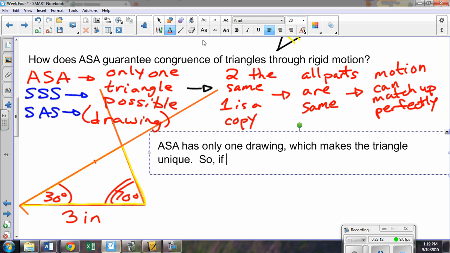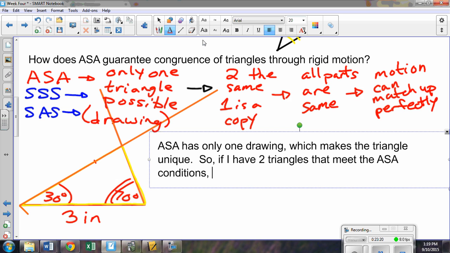So, if I have two triangles that meet the angle side angle conditions, I know one of them is a copy of the other. Again, do you see how I'm taking this logic and just writing it up into sentence format?